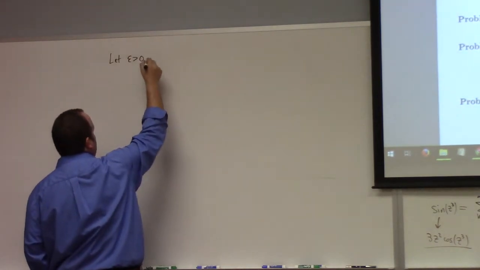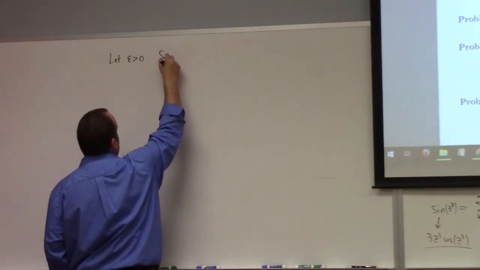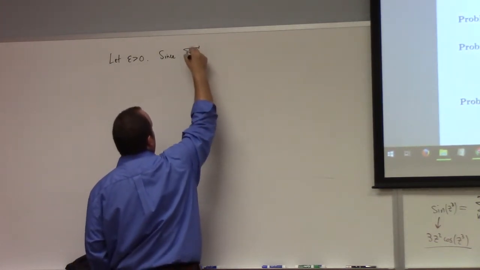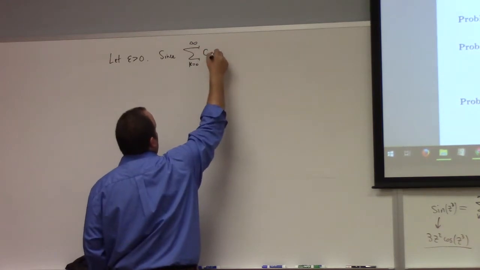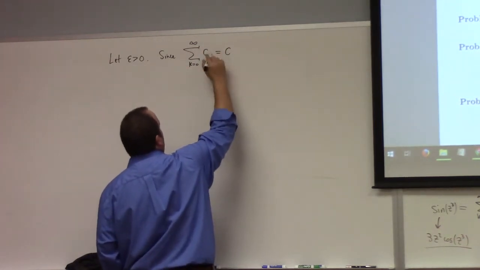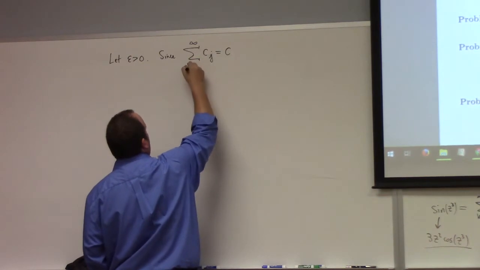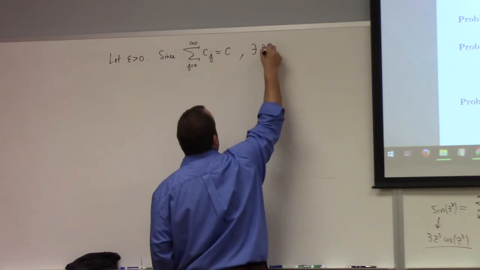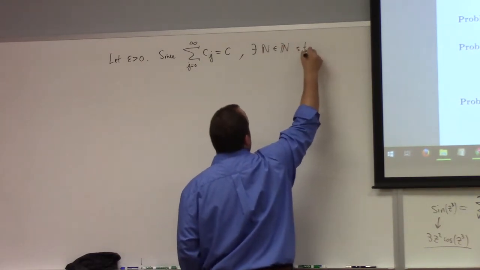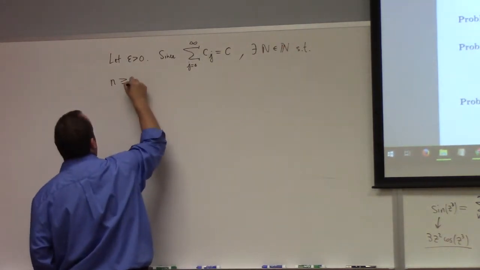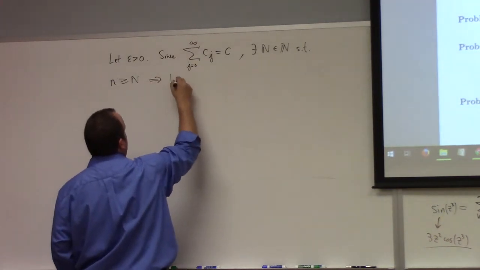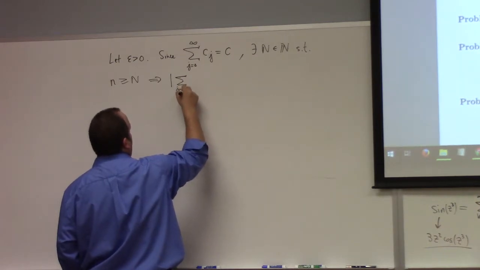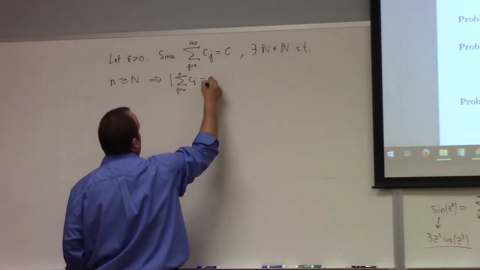Let epsilon be greater than 0. Since the sum k equals 0 to infinity, was it c sub k? Oh, c sub j. Since the sum of c sub j converges to C, there exists n in the natural numbers such that n greater than or equal to n implies that the modulus of the nth partial sum minus C is less than epsilon.